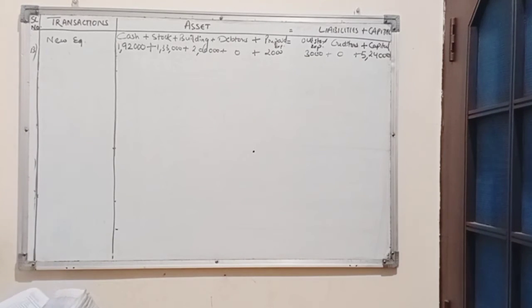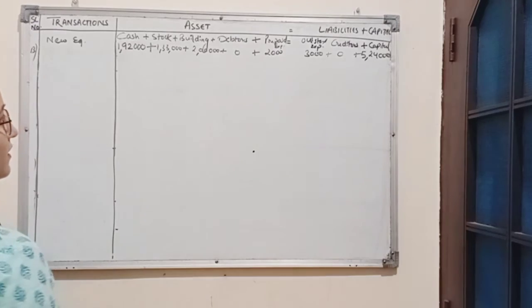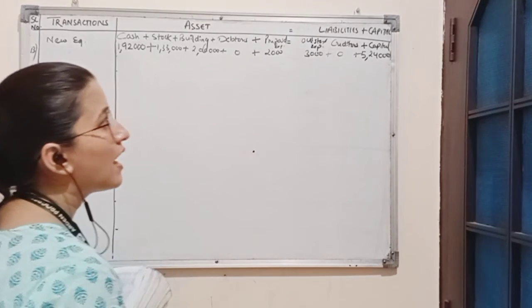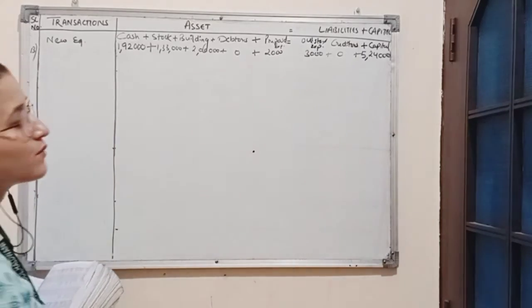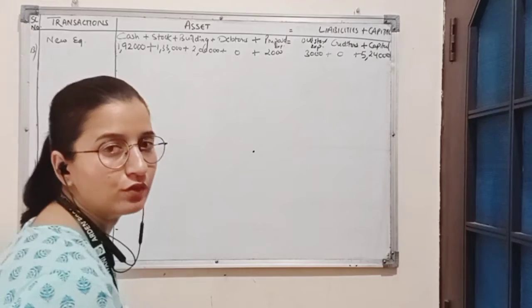So I have carried forward the last equation here where cash is amounted to rupees 1,92,000, stock rupees 1,33,000, building rupees 2 lakh, debtors nil, prepaid expenses 2,000, outstanding expenses 3,000, creditors 0, and capital 5,24,000.